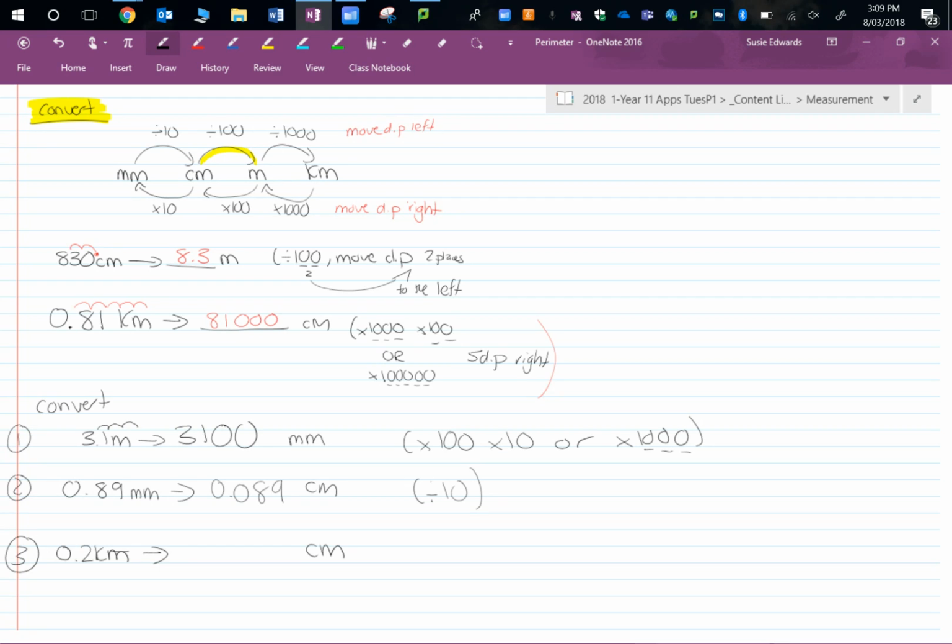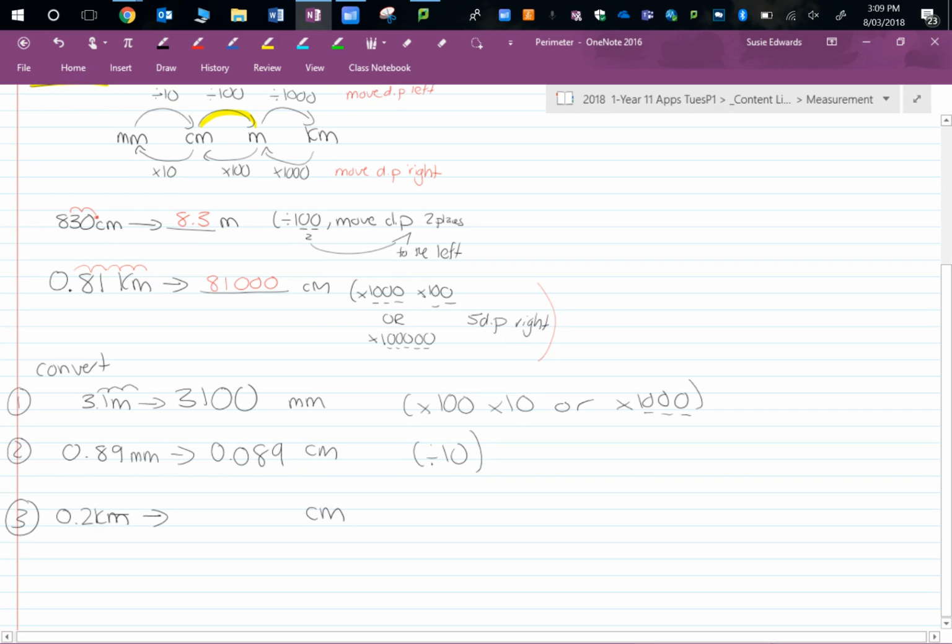Kilometers to centimeters. What do we have to do? We're going to times by 1,000 and then times by 100, which is the same as saying times by how many zeros? 5 zeros.